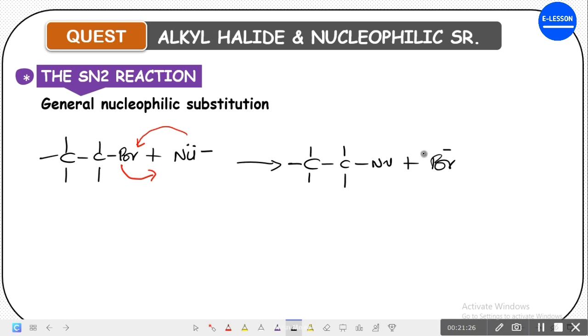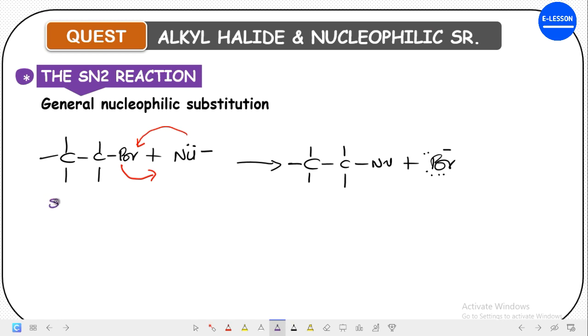Of course, bromine will still have its 6 bonds around here. All right. So this is the general form. Now we said this group here that the nucleophile reacts with is what we call the substrate.